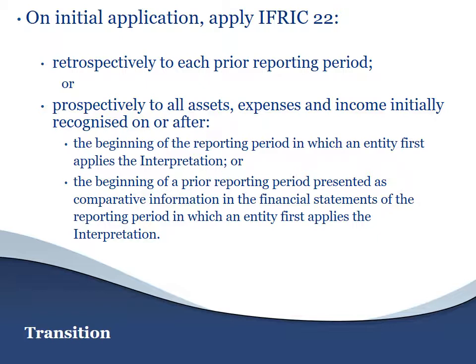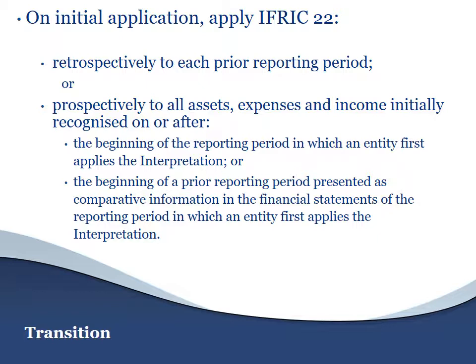It says we need to apply the standard retrospectively to each prior reporting period. That's one option. So if you do decide to go that route, in the event that you've done something different in the past, you would have to go back and effectively correct what you've done in the past, but all of it will then be dealt with as a change in accounting policy because of the issuance of this particular interpretation.